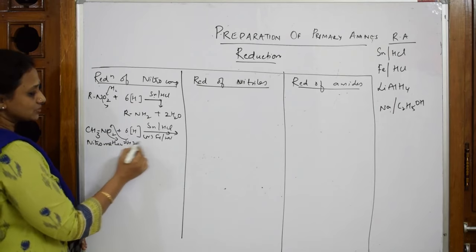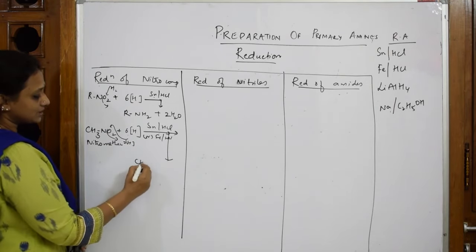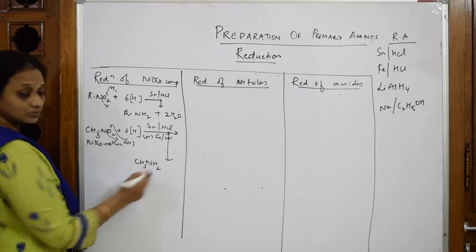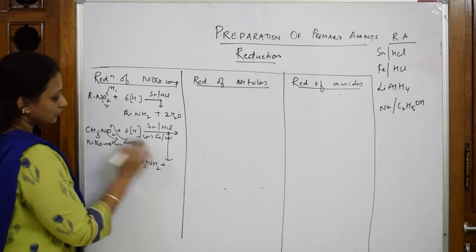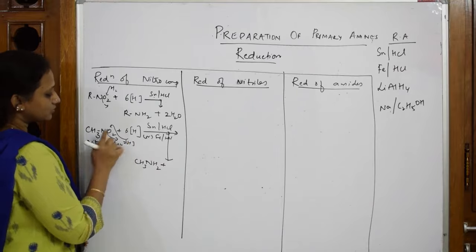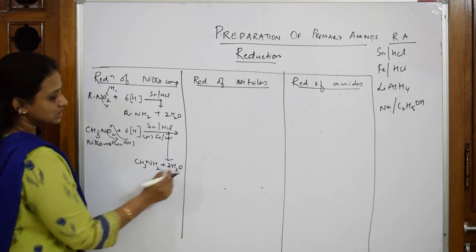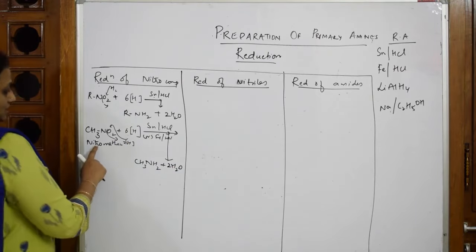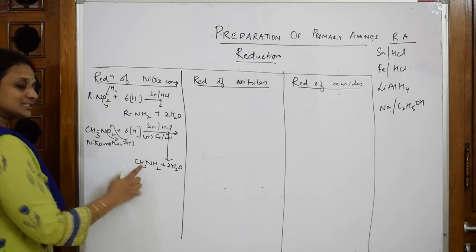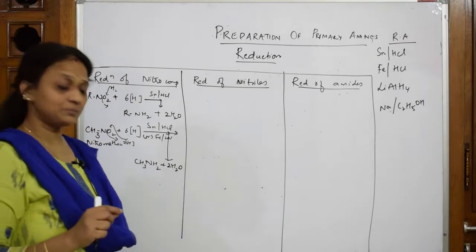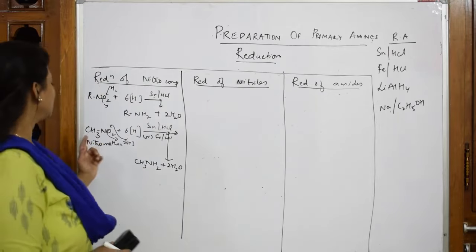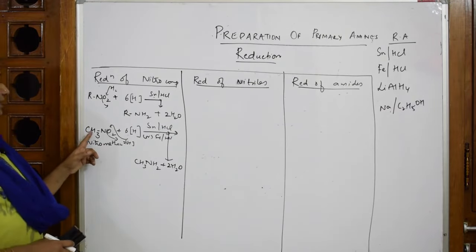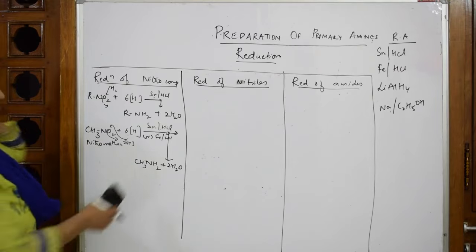So what do I get? I am going to get CH3NH2, and out of 6, 2 have gone, 4 are left. 4 will come out with this as 2 water molecules. Always remember. So this is nitromethane. If I have to name this, it is methylamine.